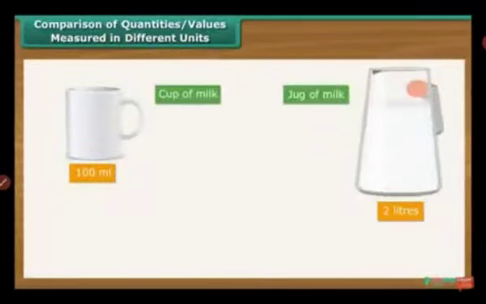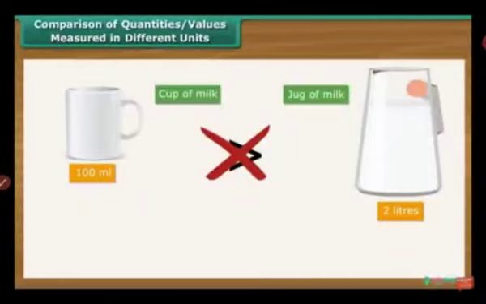Comparison of quantities and values measured in different units. Vinita has 100 milliliter of milk in a cup and 2 liters of milk in a jug. 100 is greater than 2. Can we say that the quantity of milk in the cup is greater than the quantity of milk in the jug? No. The reason is, the two quantities are measured in two different units and hence cannot be compared.